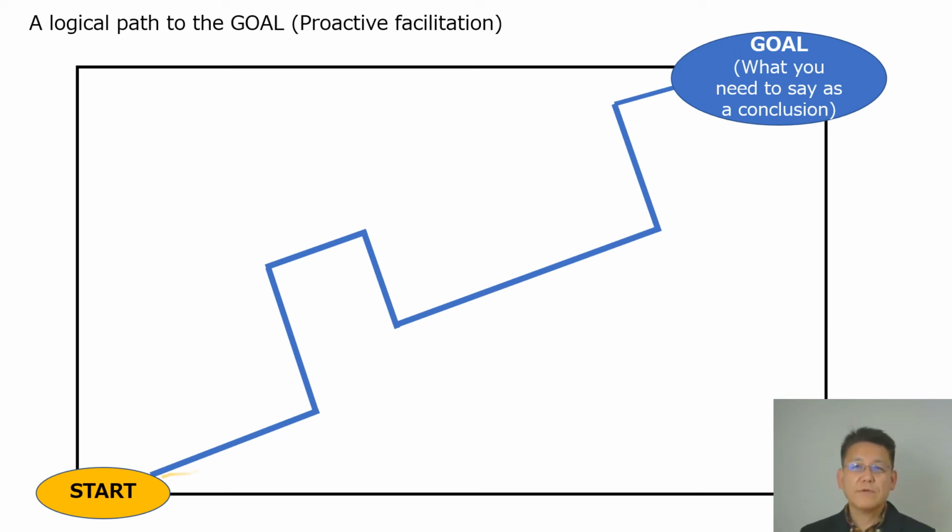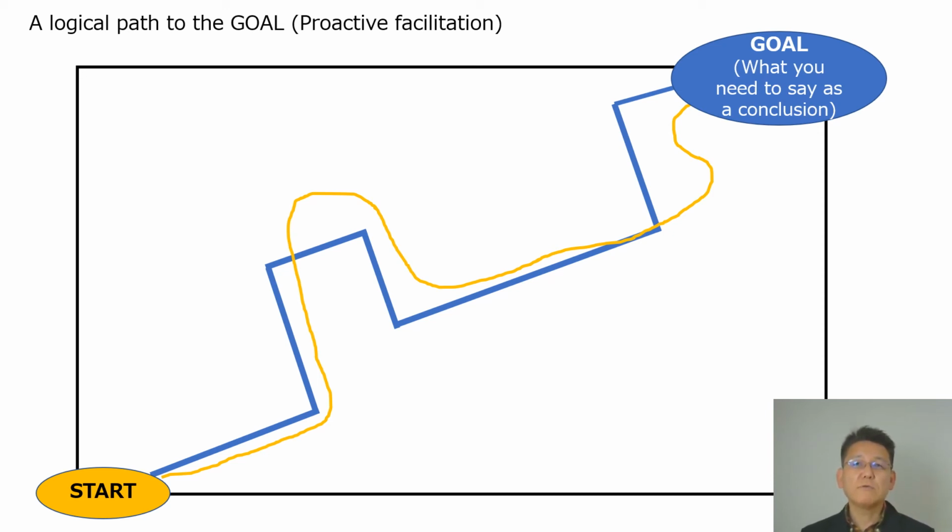Once you start the facilitation, your team members may not perfectly or precisely follow your path, but in most cases that's okay, simply because you understand the original path. You do not have to bring them back to the original path, but you need to be aware of the gap between the original path and reality.